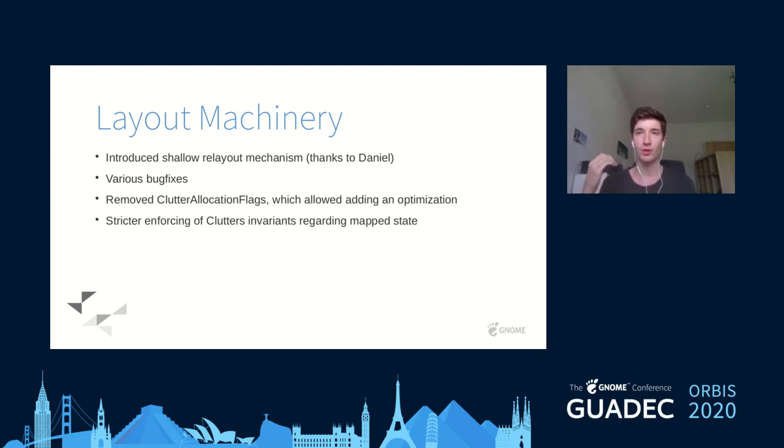And the way this works is as soon as the actor is on a stage and its parents are visible and the actor itself is visible, the actor is mapped. And there's a trick: if the actor is unmapped, we can obviously know that it's not going to be painted. So we can skip allocating this actor, for example, or do other optimizations.